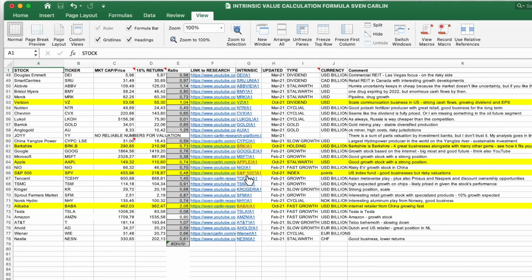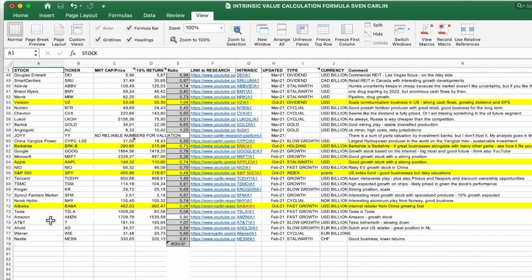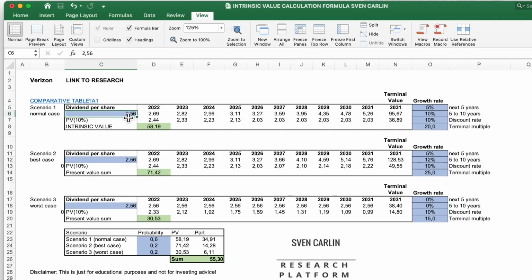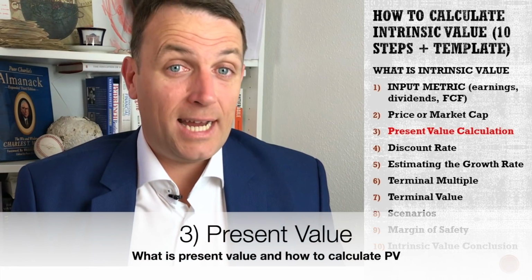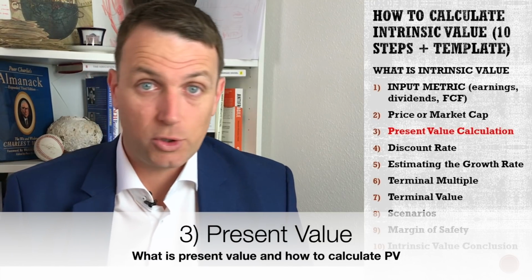Next one, we have the S&P 500, dividends there. And we have Verizon. Where are you? Here you are. And Verizon is again a dividend stock, so I have simply used the current dividend per share as an input metric.